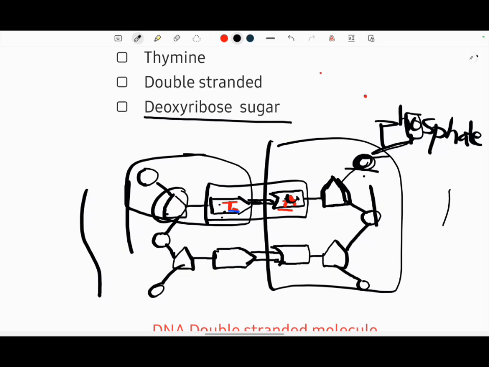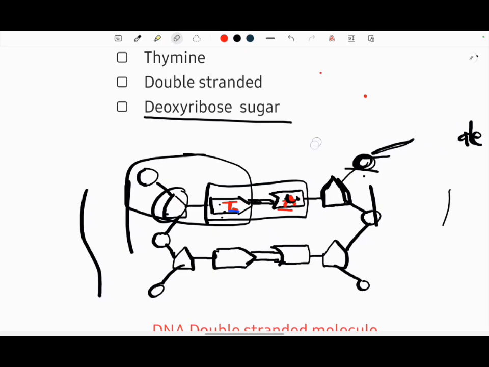I really hope that I was able to explain it. Oh, and one thing also, which they're quite fond of asking: what is the structure that binds the nitrogenous bases together? They'll be asking you for this structure over here that binds these two structures.